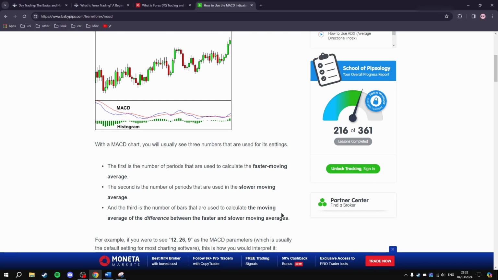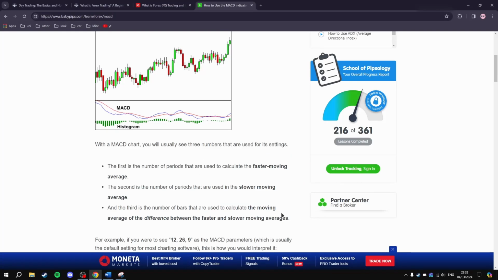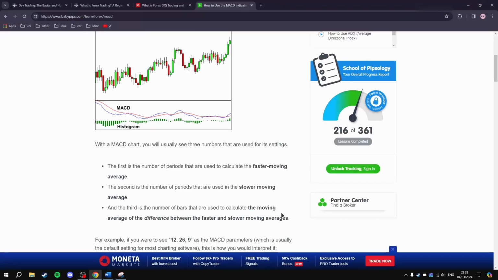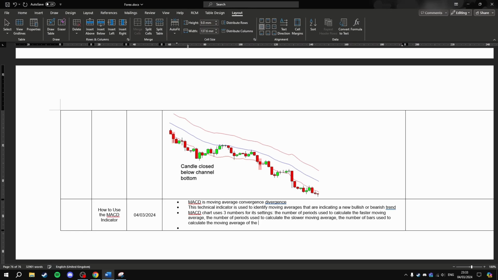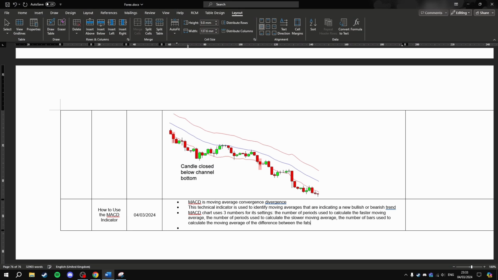So is it just slower minus the faster one, maybe? It is the moving average of the difference between the faster and slower moving averages.